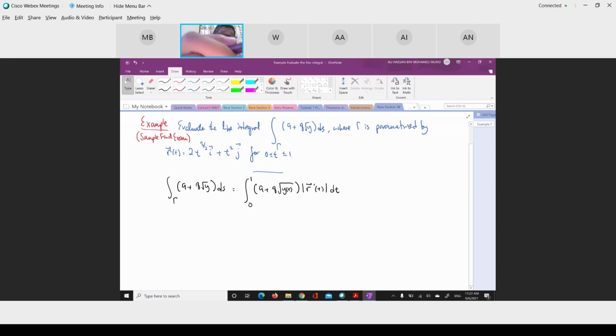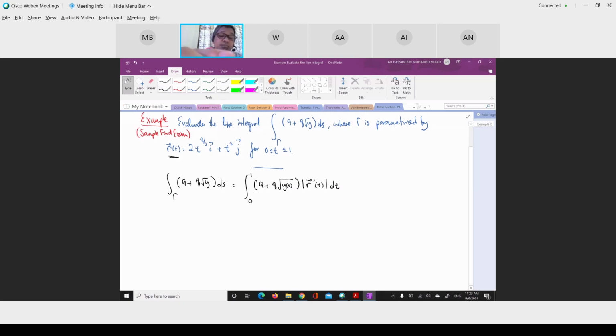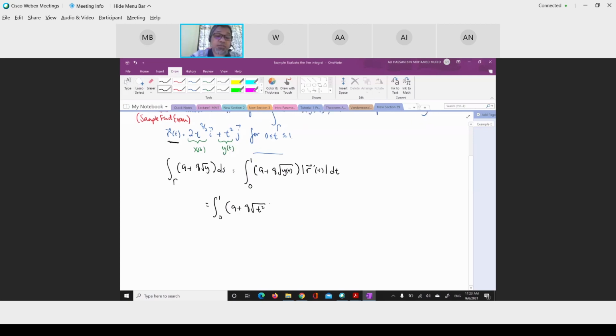From the given r(t), what is r prime t? First, notice that the coefficient of vector i is x(t), and the coefficient of j is t squared. So differentiate r(t) with respect to t.